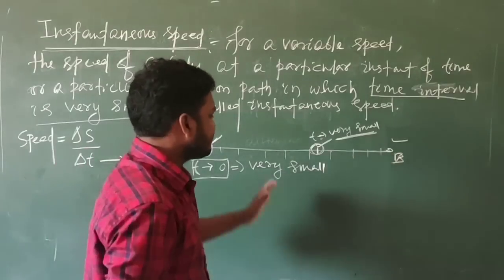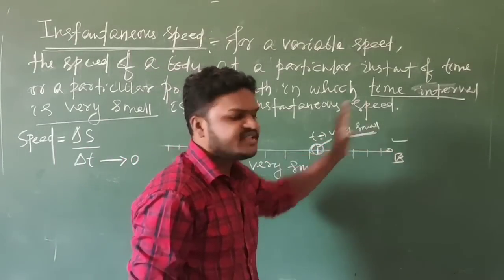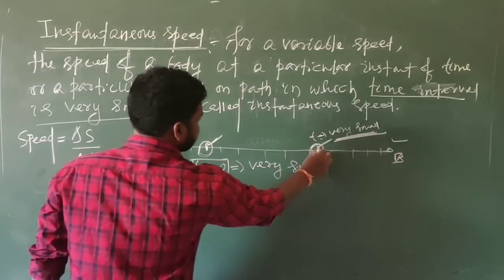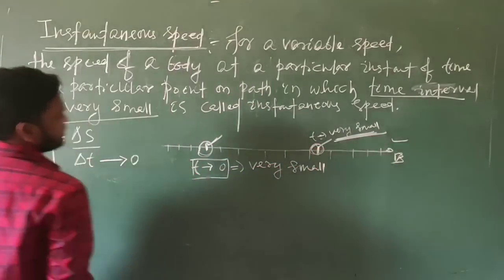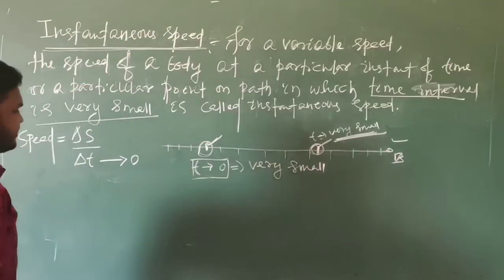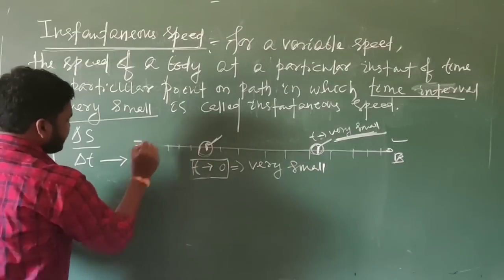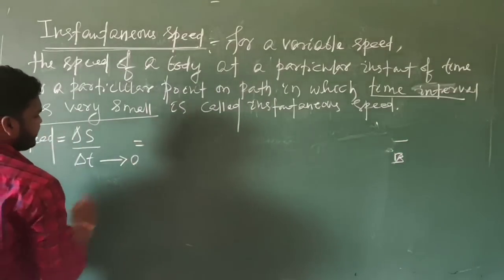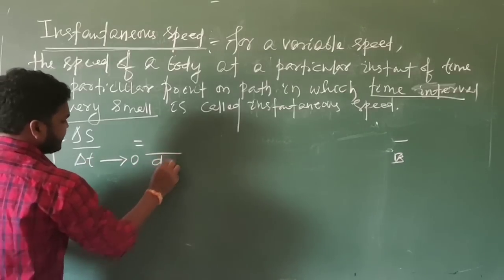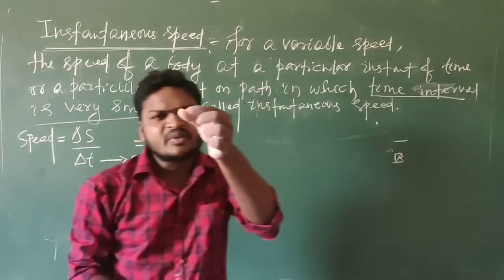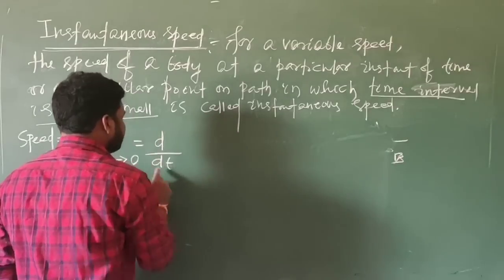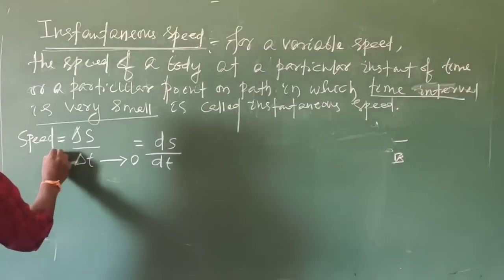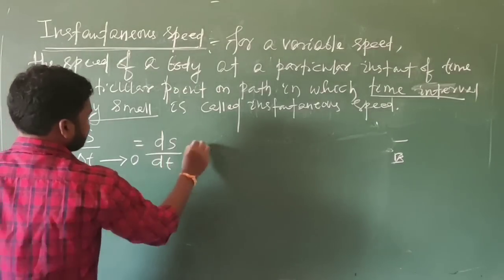If the time interval is very small, then the time is represented as dt, and with respect to time, distance also becomes small. So this is the formula of instantaneous speed.